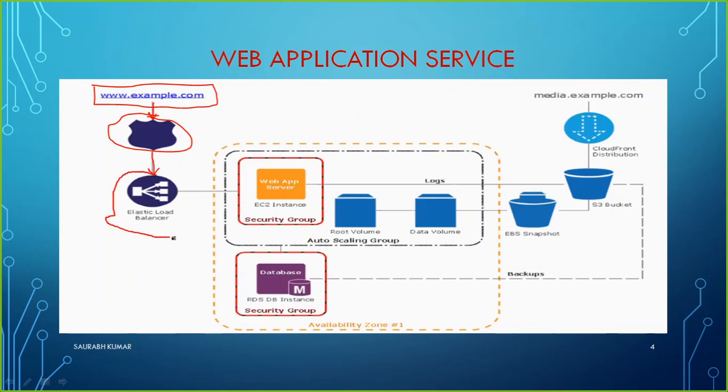That's the term used by Amazon. Different companies use different terms. Amazon uses the term ELB, which we have also discussed in our training session, that is elastic load balancer.